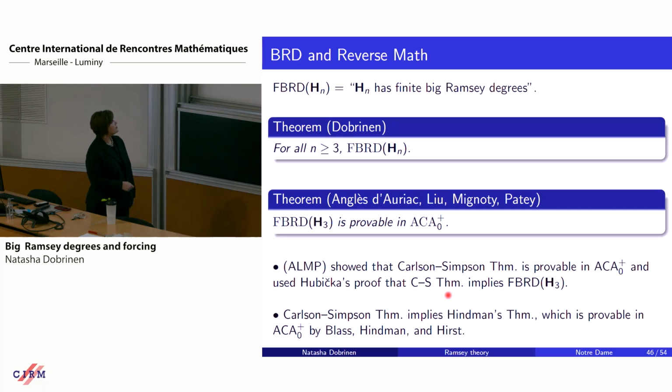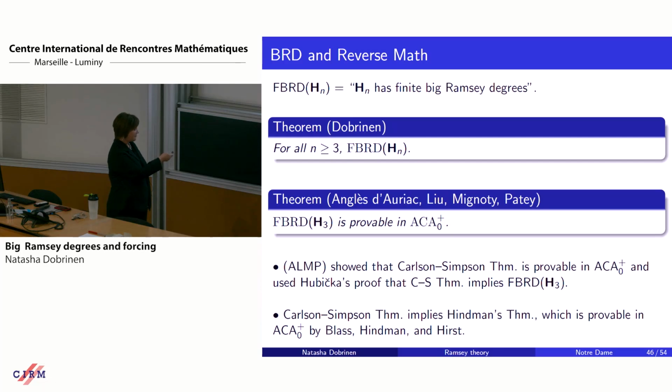But using this theorem, they then showed that, in particular, the statement that the triangle-free Henson graph has finite Big Ramsey degrees is provable from ACA naught plus, which is equivalent to saying that you have omega plus 1 Turing jumps. Okay. But this is kind of like hitting a problem with a hammer, or something bigger than a hammer, a very large hammer.